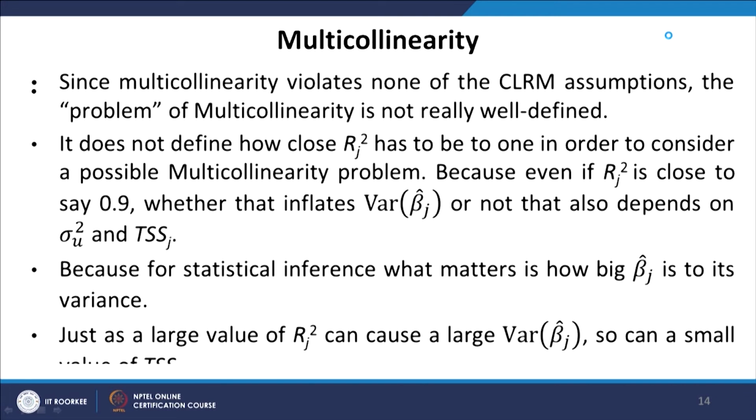The other two factors could be offsetting factors as well. So, since we have three components determining the value of the variance of beta j hat, one important component is R j square, but there can be other offsetting factors as well, and as a result the problem of multicollinearity is not that well defined or well structured.